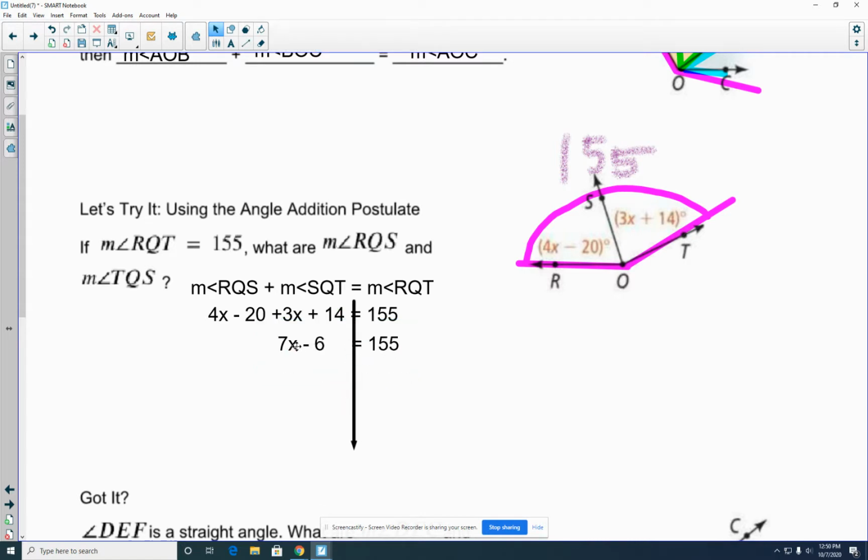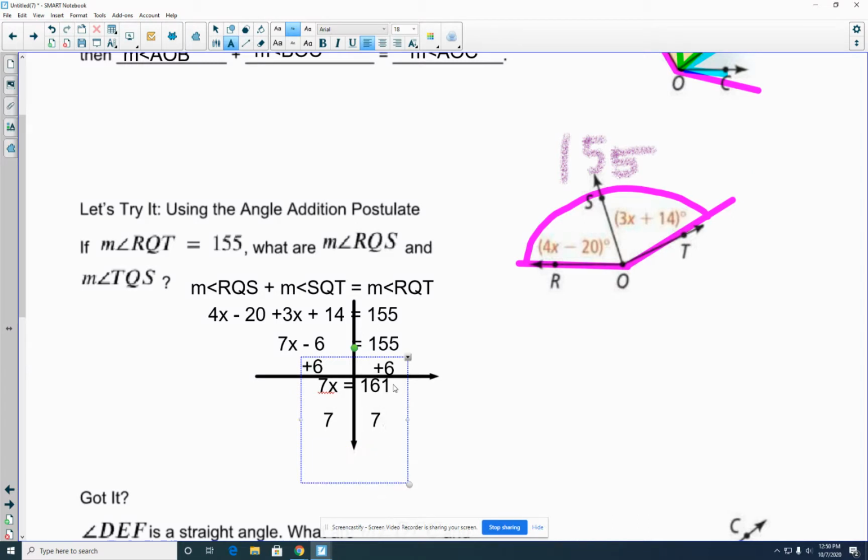Okay, and now you want to get the x alone, so we're going to add 6 to both sides. And then we have that 7x equals 161. And then finally, just divide by 7, and x equals 23.